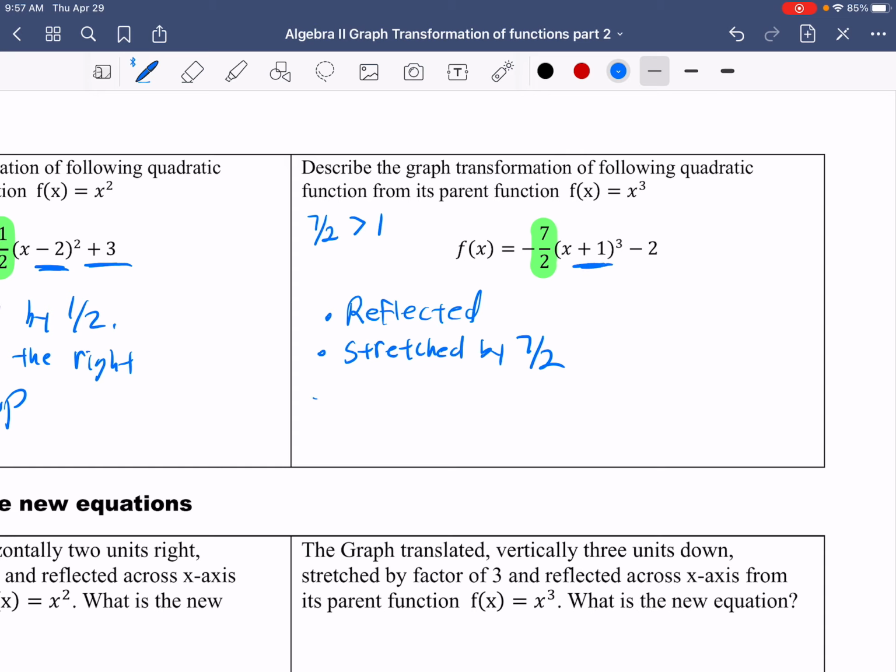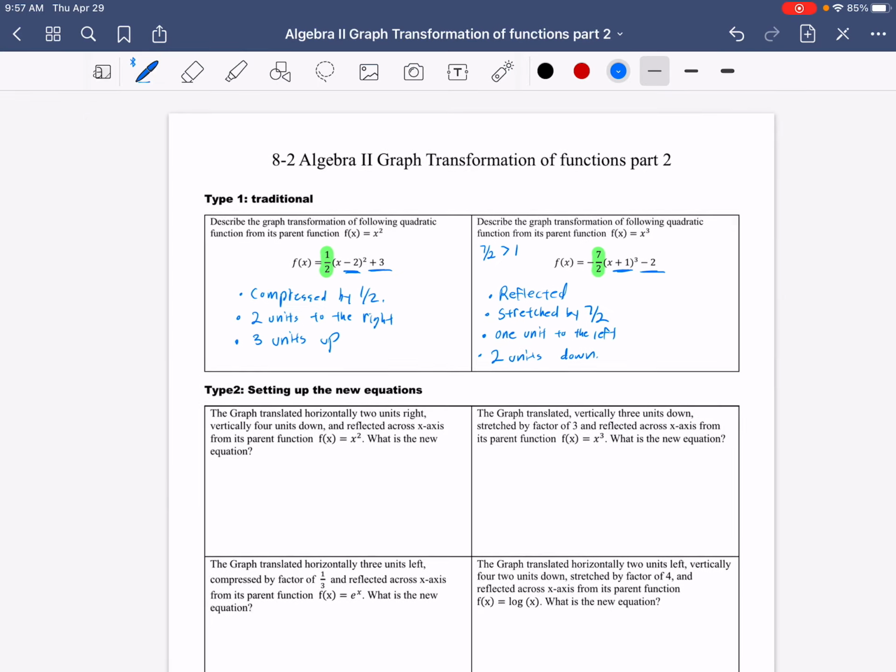And we have +1. That's gonna be what? 1 unit to the left. And we have -2, which means 2 units down. So that's a traditional method.